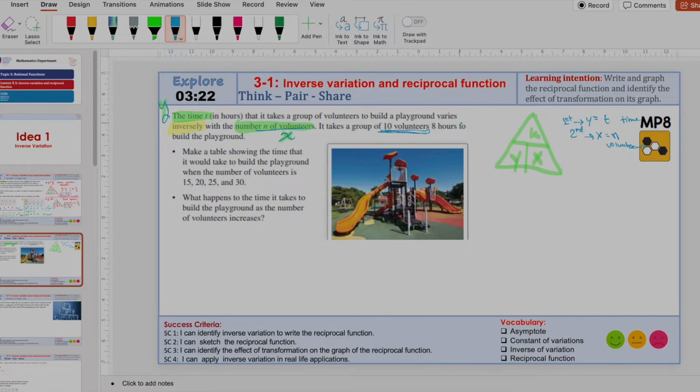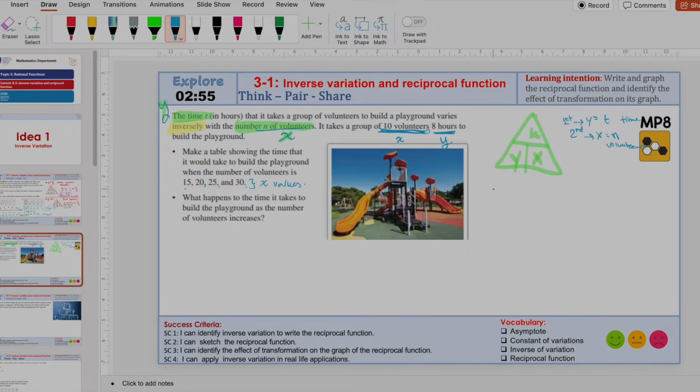It takes a group of 10 volunteers, that's the x, 8 hours, that's the y, to build a playground. Make a table showing the time it would take them to build the playground with these different numbers of volunteers. So these are different x values.